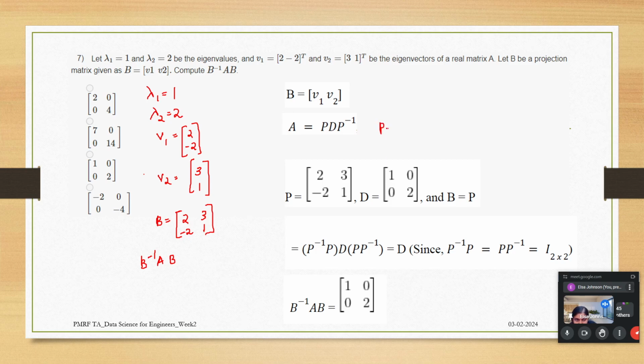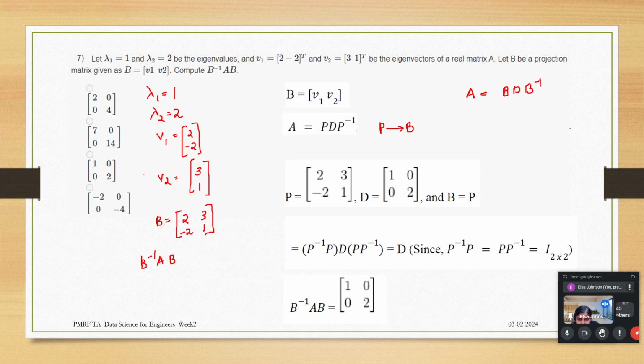P here is like B, okay? So a real matrix A, having eigenvalues 1 and 2 and vectors like this, can be written in the form of B D B inverse.